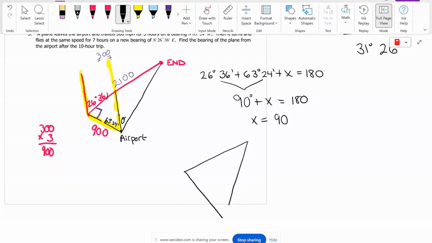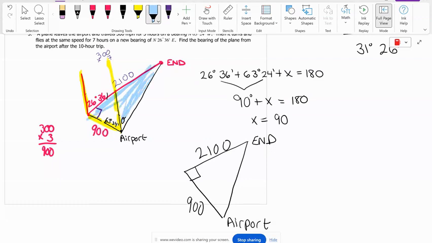There we go. All right, so we know this is 2100. We know this is 900. We know this is a right angle. Now, I will highlight. We are using this blue triangle right in here.